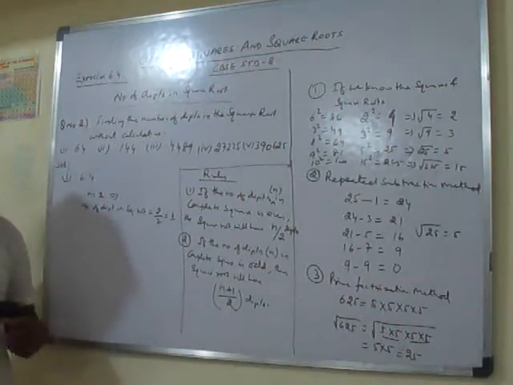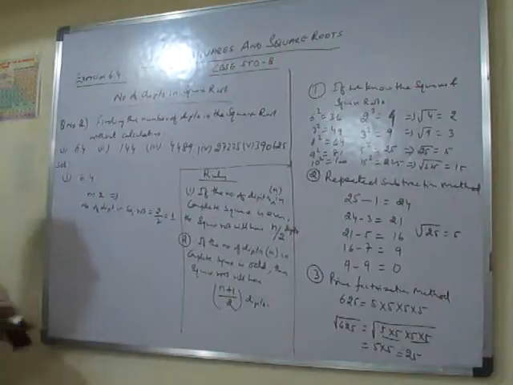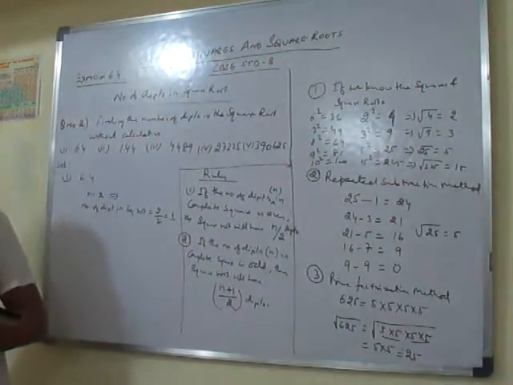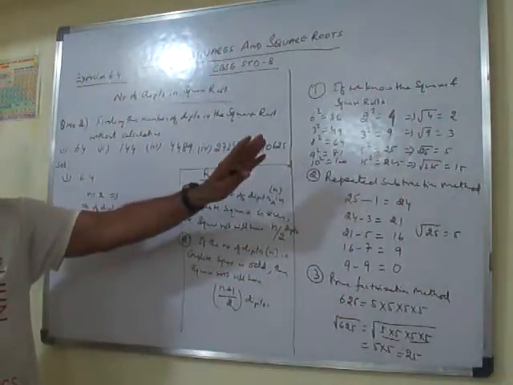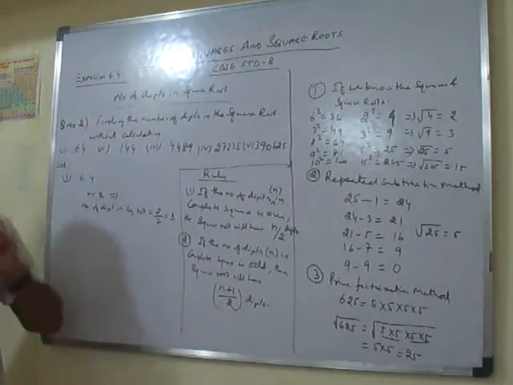By utilizing that general formula, it will be 2 by 2 is equal to 1. So you can see 64 we already know, root 64 is equal to 8, so 8 square is equal to 64. So root 64 will be 8 only. So in 8, only 1 digit is there.